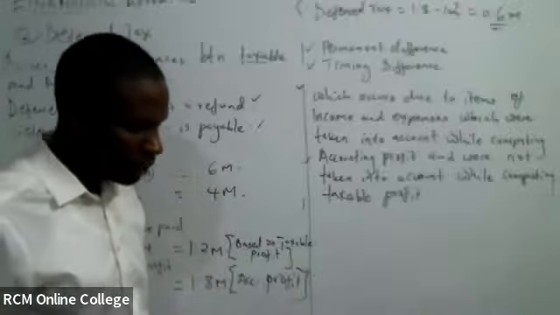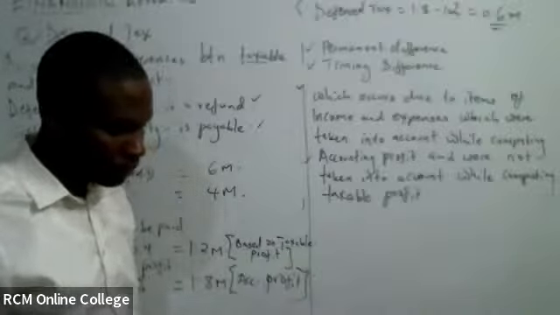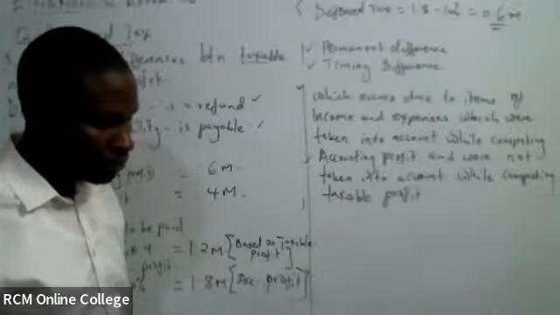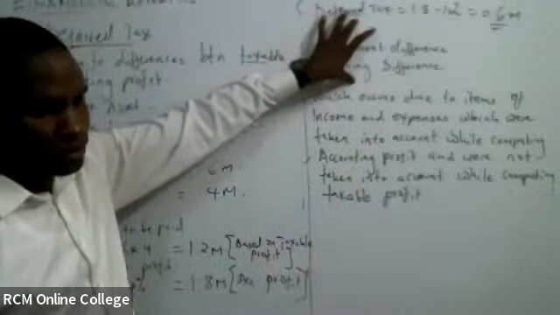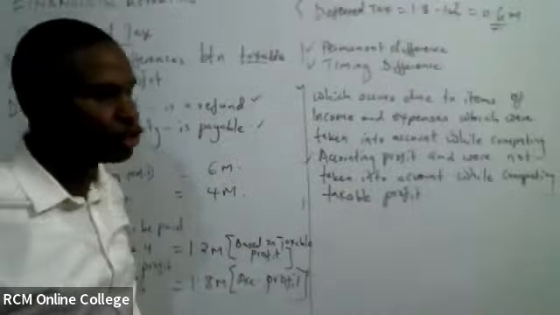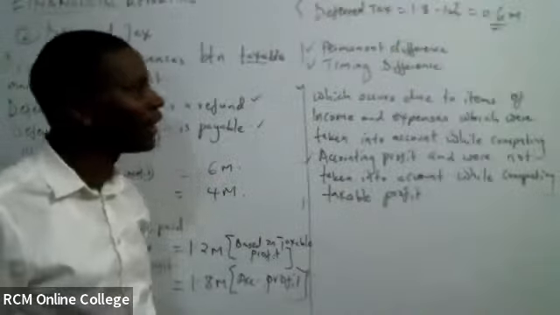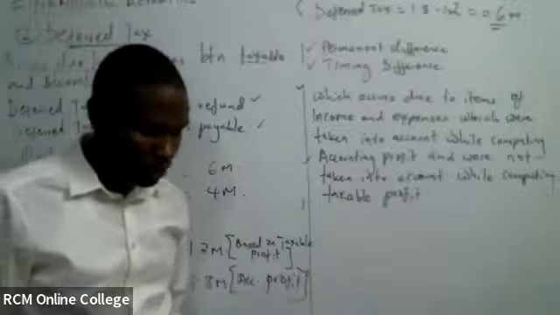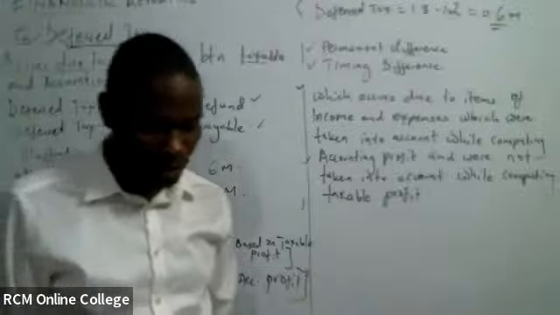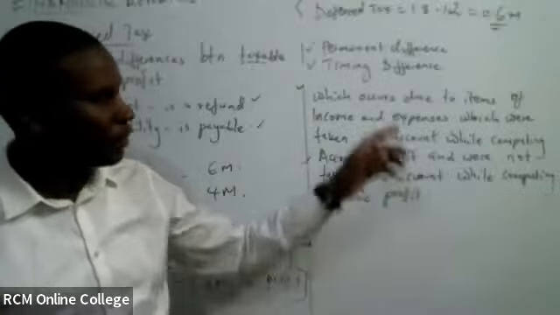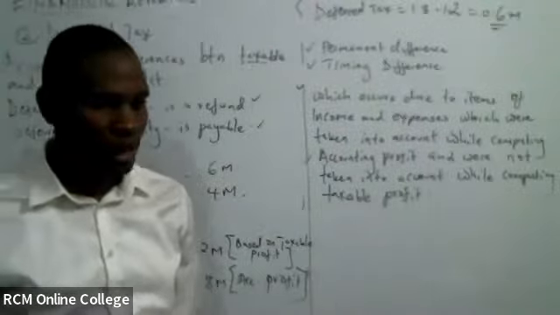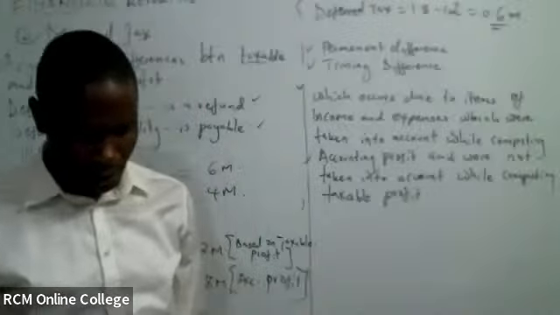So we have said the difference between accounting profit and taxable profit can be classified into two: a permanent difference and a timing difference. I hope we are together.